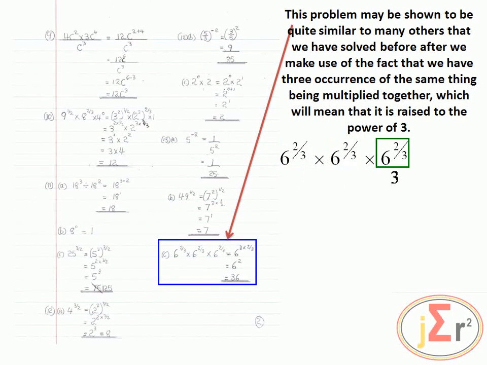1, 2, 3. So we have actually 3 occurrences. Therefore, what we have right there is 6 to the power of 2/3 raised to the power of 3.